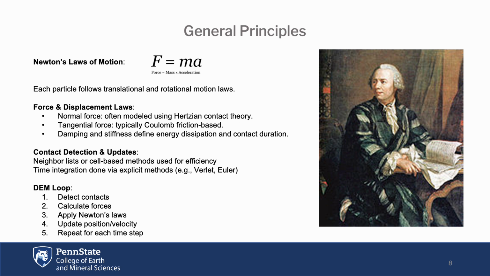At each step, the DEM engine detects contacts, computes interaction forces, applies Newton's law to each particle, updates motion, and repeats. This loop enables DEM to capture complex behaviors such as granular rearrangement, jamming, particle breakage, and contact evolution, phenomena that continuum models often fail to resolve.